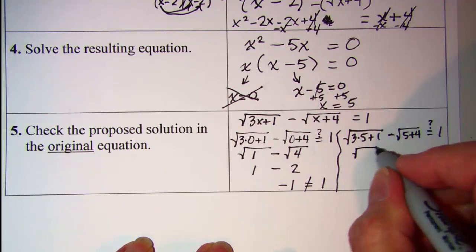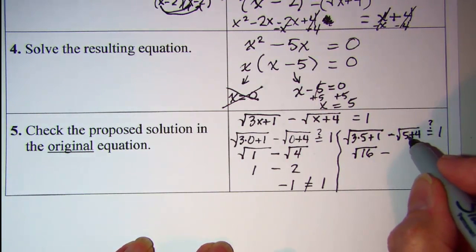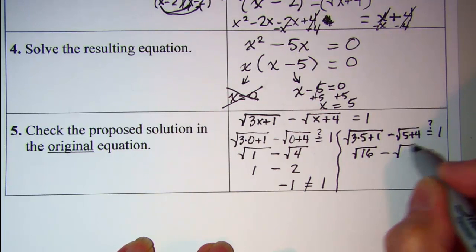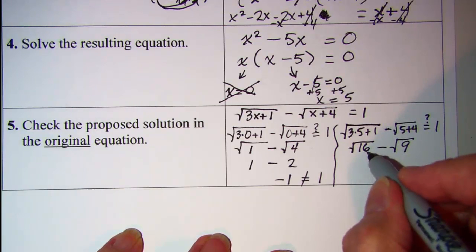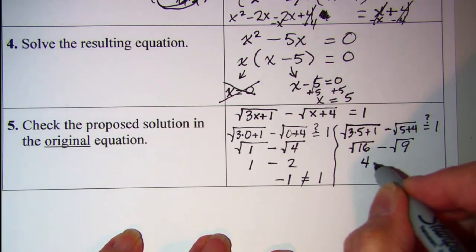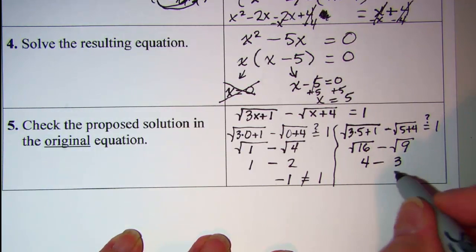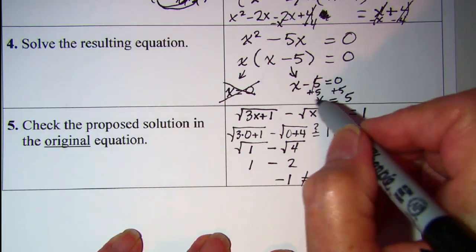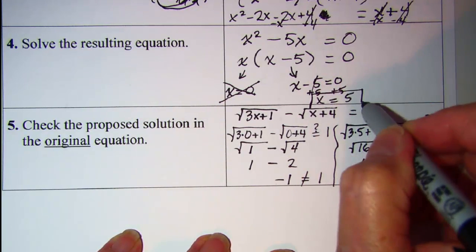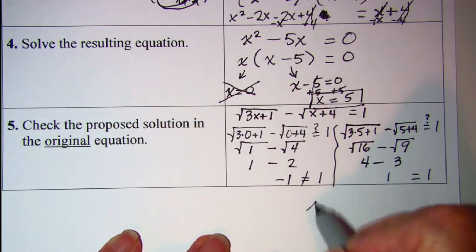So I have square root of 16, subtract, and then 5 plus 4 is 9, so square root of 9. Square root of 16 is 4, square root of 9 is 3, 4 minus 3 is 1, and so those are equal, and this is the only solution that I can give for this equation. X equals 5.